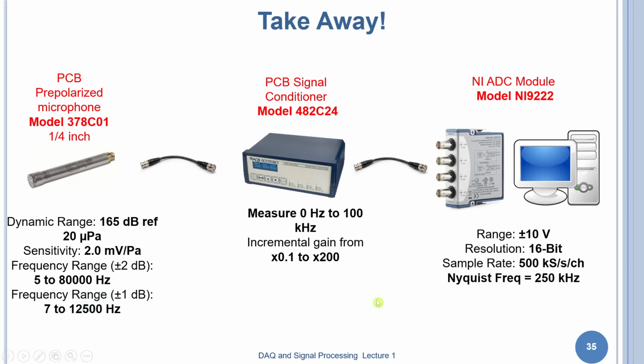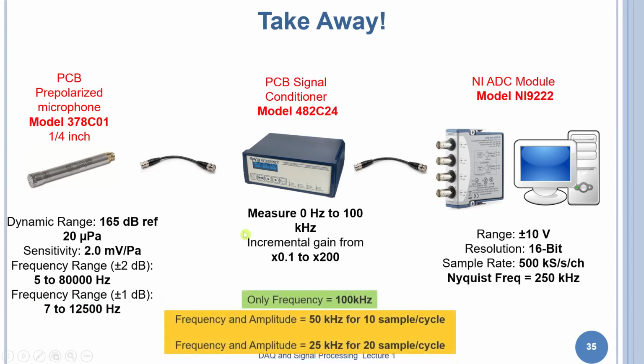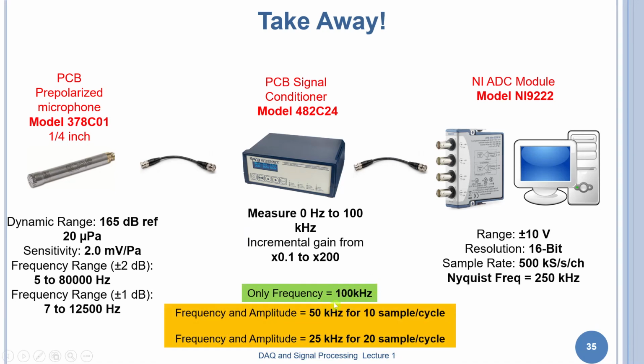In this case, the takeaway would be if you only want to capture the frequency, you can capture up to 100 kilohertz. Mind you, this is limited by your signal conditioner, not by your ADC module, because the ADC module can clearly go up to 250 kilohertz. Now, if you want to capture the frequency and amplitude, as discussed earlier, it's good to have as many points in a given cycle.